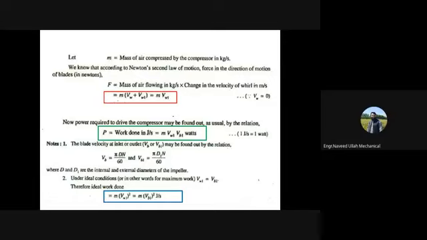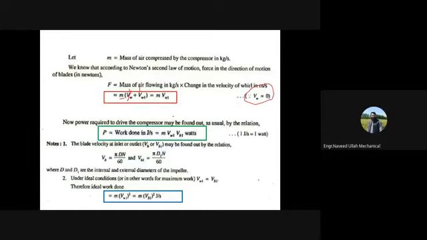It's the same formula: m dot into (v2 minus v1), that is C2 minus C1. The velocity differences are in opposite directions, so the minus becomes plus, right? And since you know very well that this is basically VW, the velocity of whirl at inlet, which is 0 over here because the entry to the centrifugal compressor is radial.